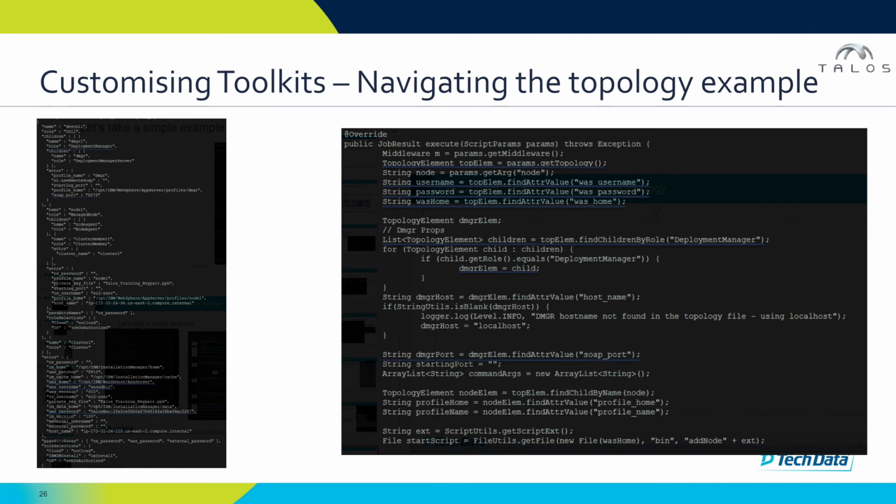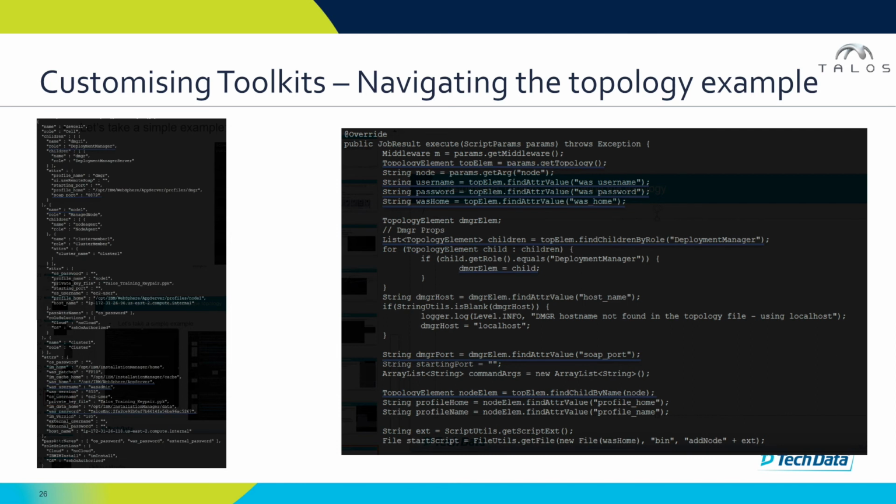So now we have that DMGR element, we can do a find attribute value there on SOAPport, and you should see that the SOAPport we're finding there is 8879. And so now we're doing the same thing again, but we're finding a specific child by a name. So the name that we're looking for is in the variable node.